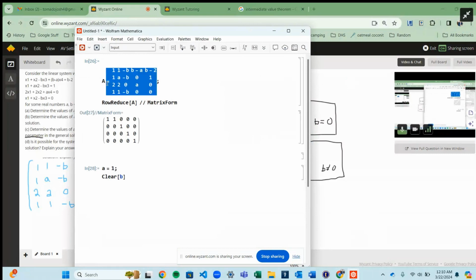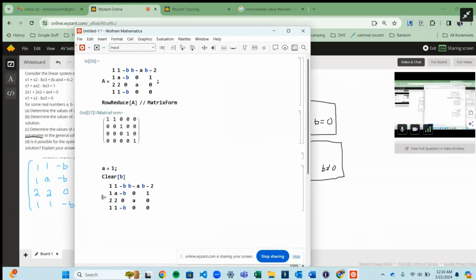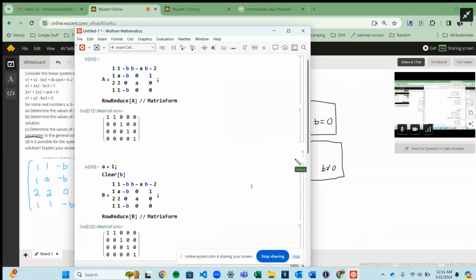And now I'm going to call this B. Big B. Okay, let's see what happens when we row reduce B. And we want to make it look pretty, so put matrix form. Interesting, yeah. Looks like the B's go away.